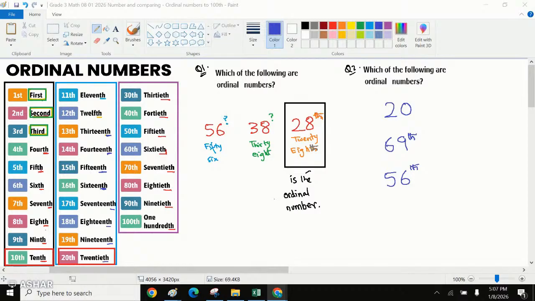You can. So which of these numbers are ordinal numbers? The numbers ending with the th. 69th and 56th, right?